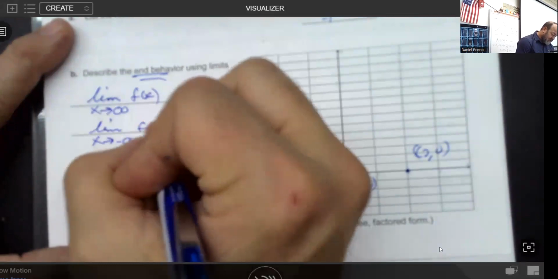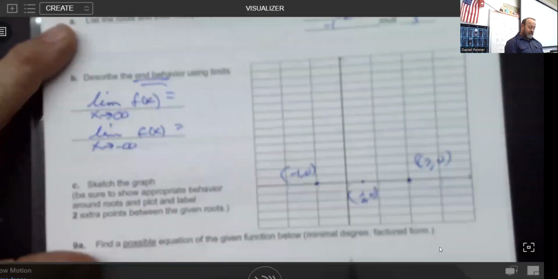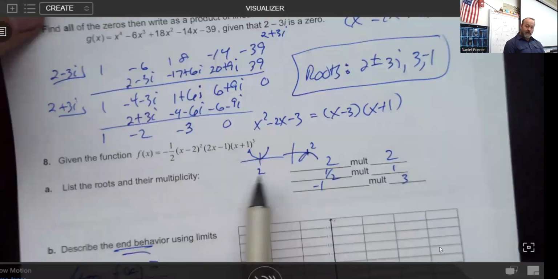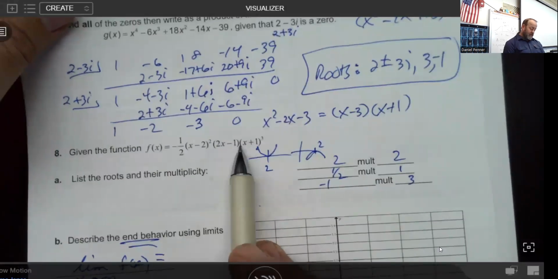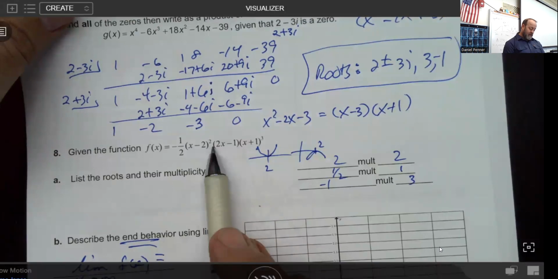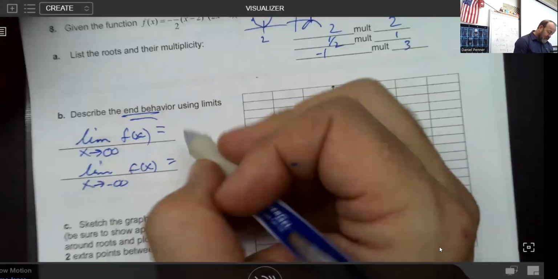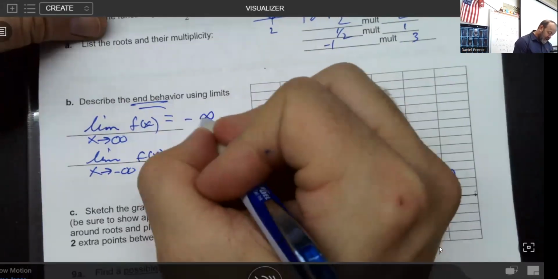Remember, we have to say what we're doing. But I have a 3, 4, 5, 6th degree polynomial. That's 3 from here, 1 from here, that's 4, 5, 6th degree polynomial. And if I multiplied it out, the leading coefficient would be negative. So that means both of these things are going down to negative infinity.